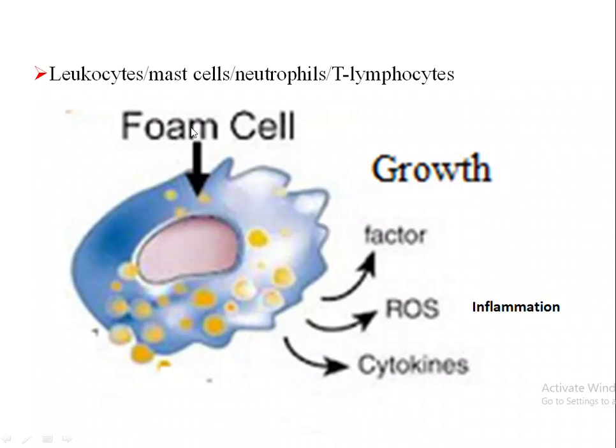Along with the foam cells, all these cells cause the release of a variety of cytokines that promote inflammation and the generation of reactive oxygen species. In addition, these cells release growth factors.